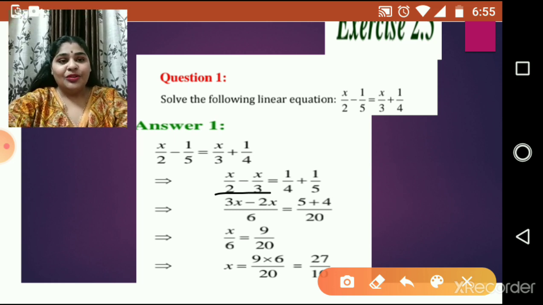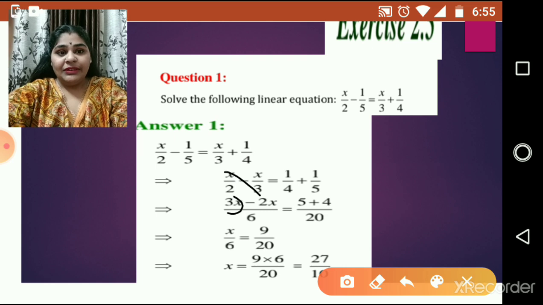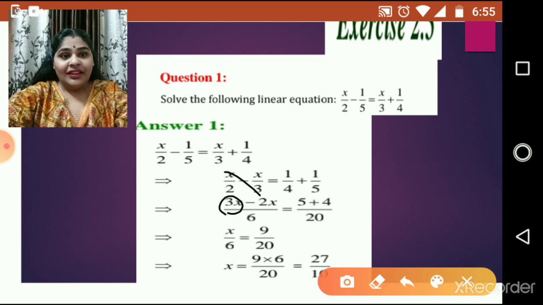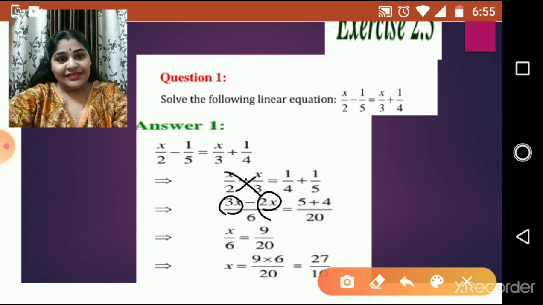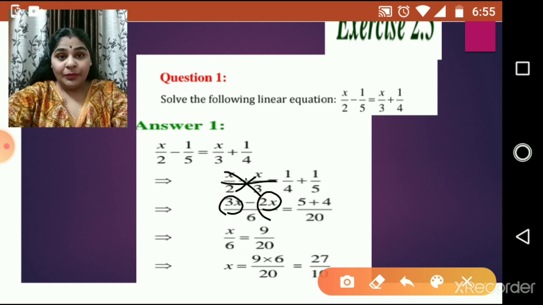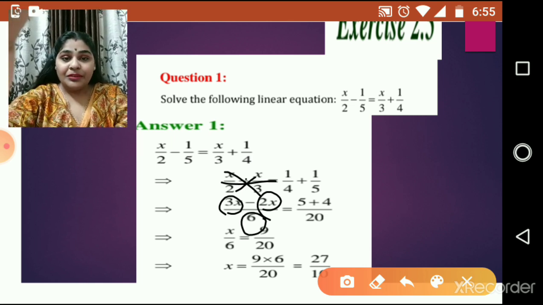So if we cross multiply, x into 3 will be 3x minus, and 2 into x is 2x, that is minus 2x, whole divided by the denominators 2 and 3, 2 multiplied by 3 is 6. I hope you all got it. This step is very clear, children. You have already studied it.